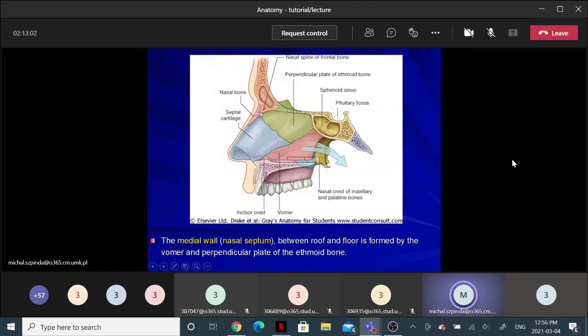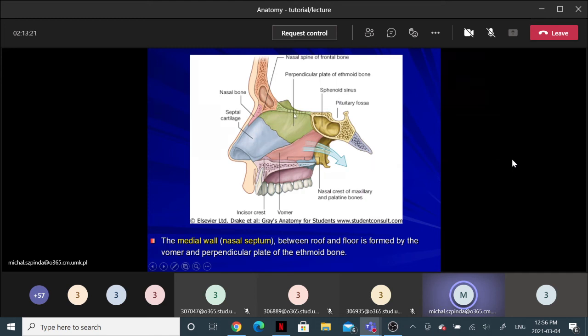The medial wall of the nasal cavities is common for both nasal cavities, and so it's called the nasal septum, the osseous nasal septum.